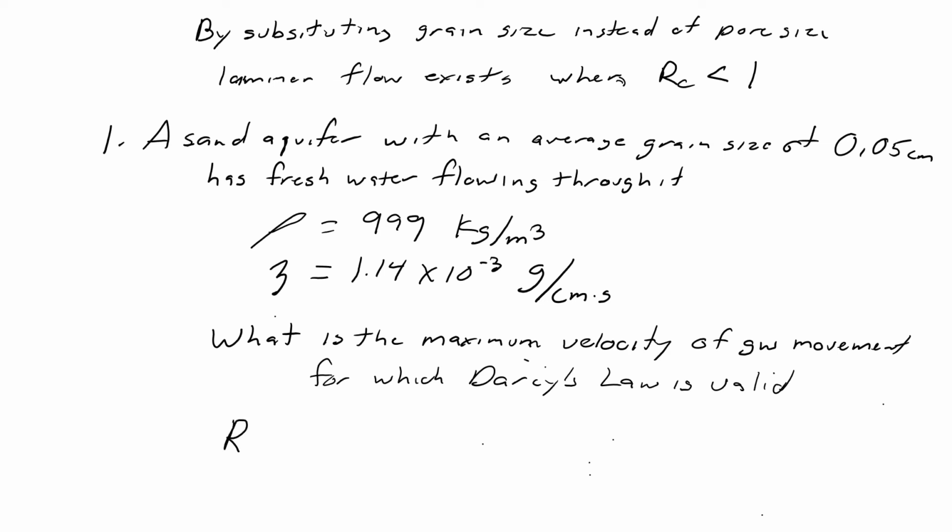So yeah, solve Re equals density times velocity times diameter, now of the pore space, over viscosity, where it equals 1. And you are going to want to solve for that. And of course, your units are going to be all sort of messed up because I gave you some in centimeters and some in meters and some in grams and some in kilograms. So you have to deal with all that, but you should be good with conversions by now.